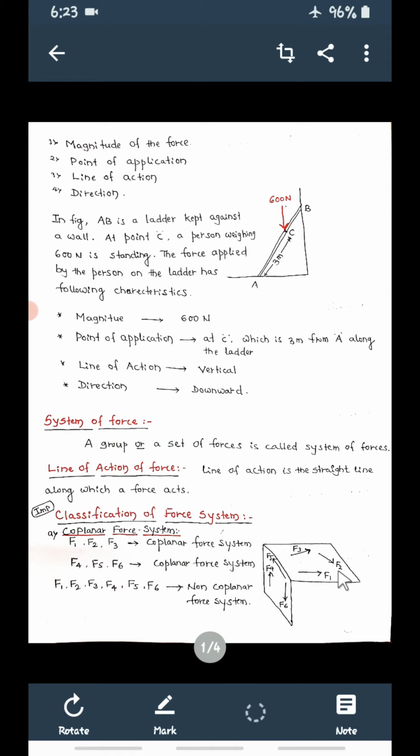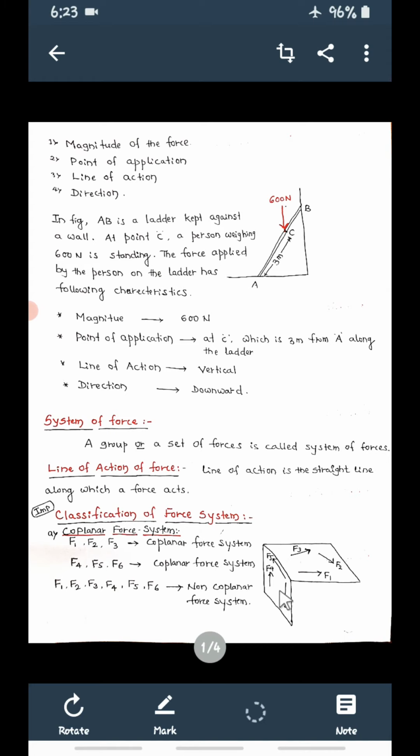Suppose you consider all the six forces: these three forces are acting in this plane and these three forces are acting in this plane. If you consider all the six forces, I cannot say it is coplanar, because three are acting on this plane and three on the other. They are acting on different planes.